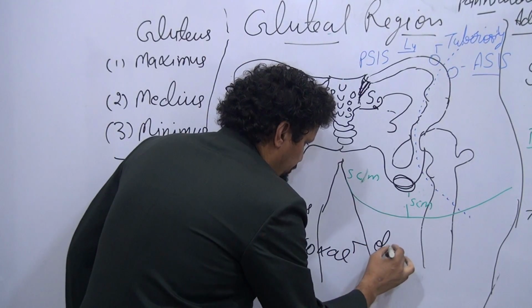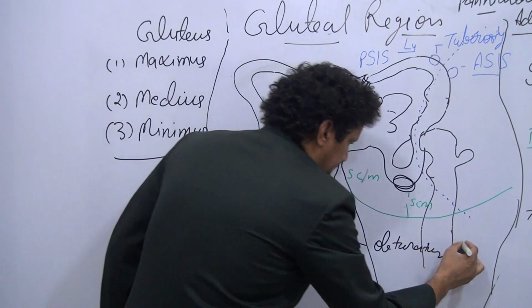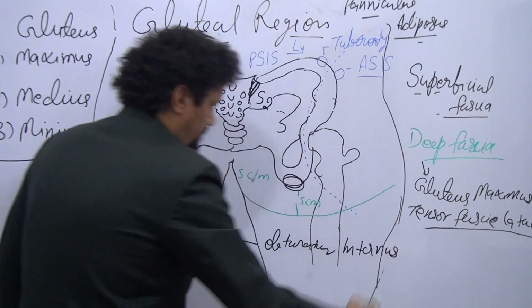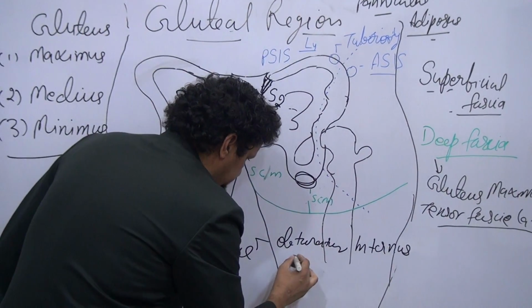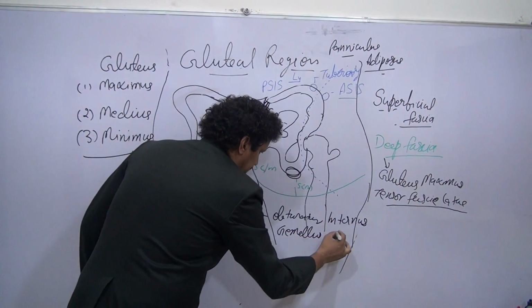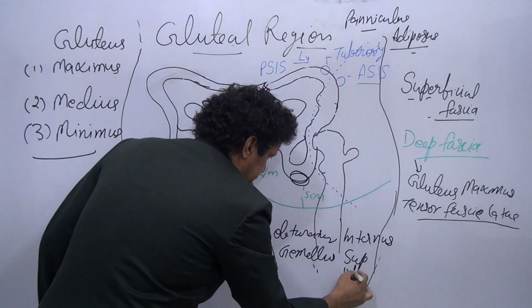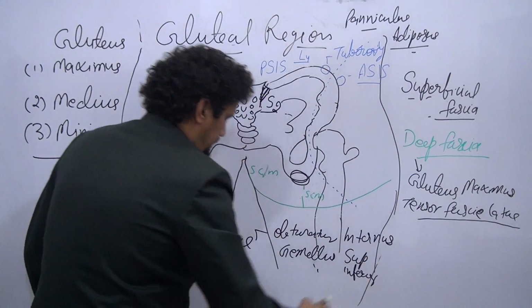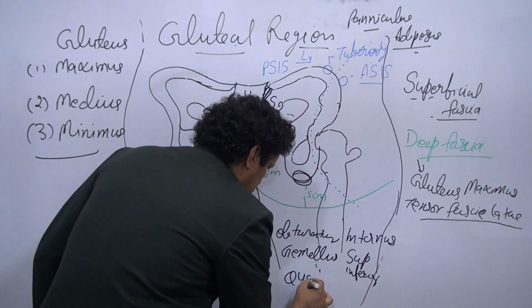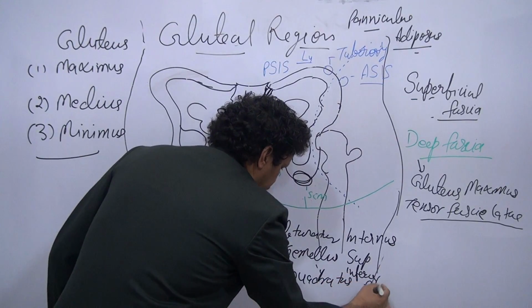One is the obturator internus, the two gemelli, the gemellus superior and gemellus inferior, and the other is the quadratus femoris muscle.